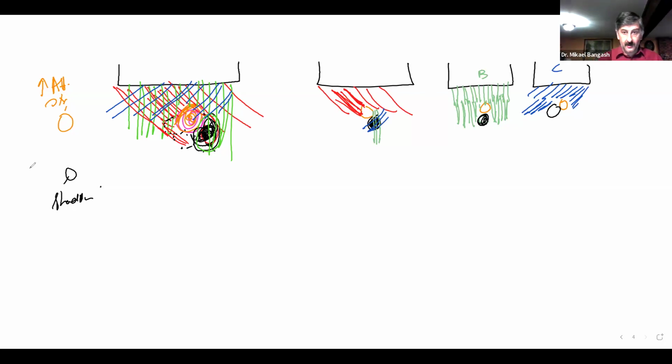You could say it this way also, that this shadow here would have been neutralized by the sound waves coming from A and C.